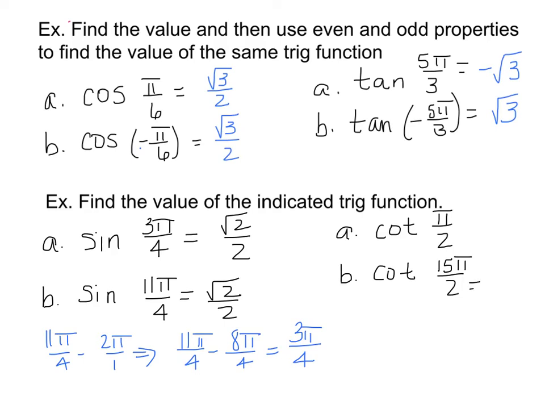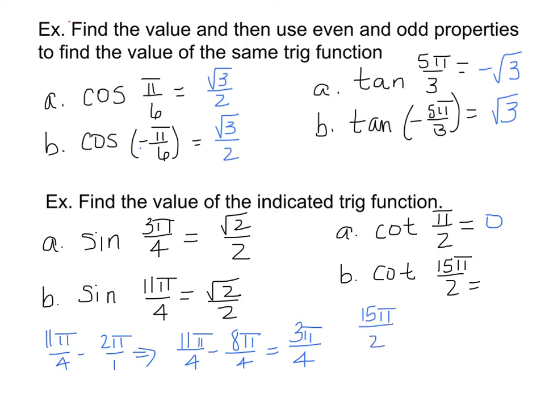Now, some students like to count around the circle, and that's fine because you can get there as well. Cotangent, remember, is x over y, which is 0, because it's okay to have 0 in the numerator. Now, 15 pi over 2, of course, is not on our circle.